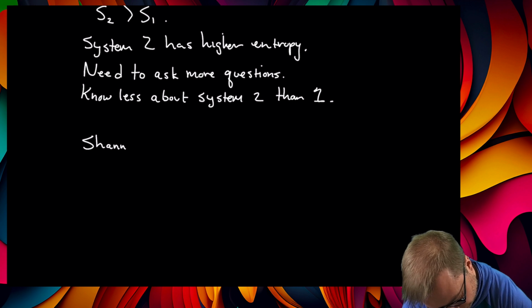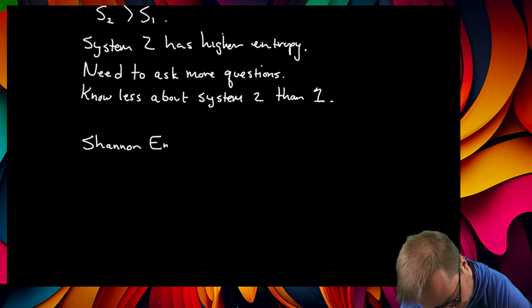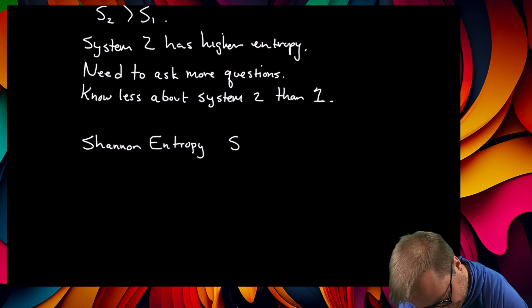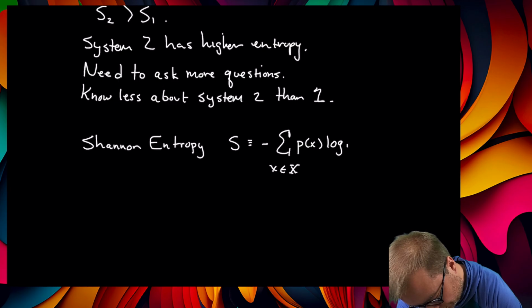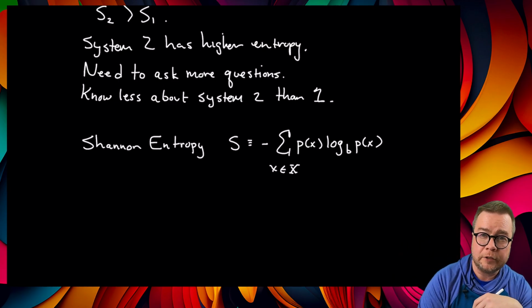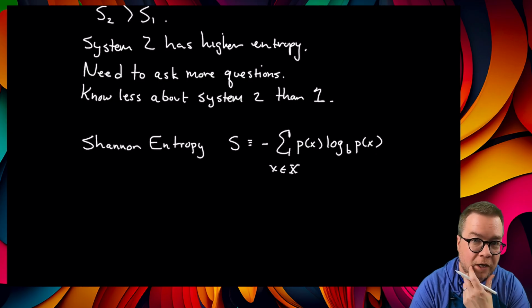What we defined here is what we call the Shannon entropy. Okay, so we defined S as minus the summation over the options in our set of options, P of X, log base B of P of X. Okay, so it doesn't have to be log base 2. Log base 2 is a convenient choice for a lot of systems, though.